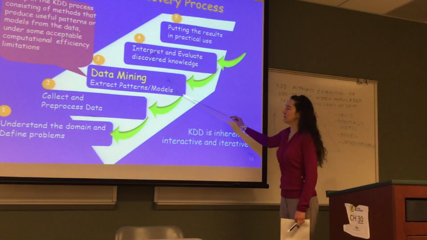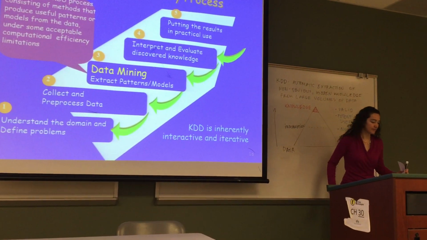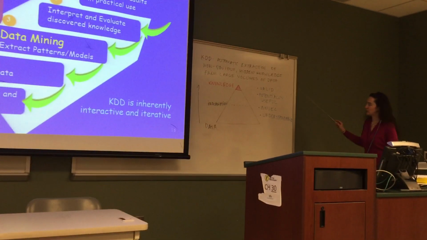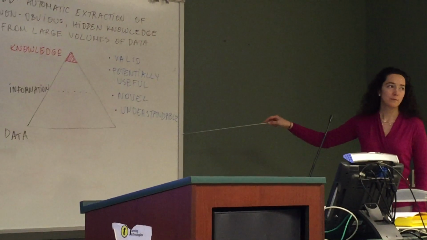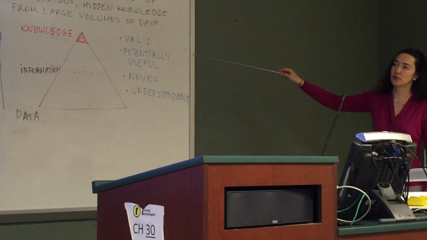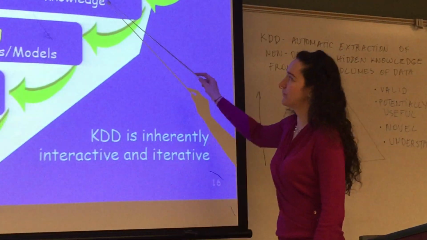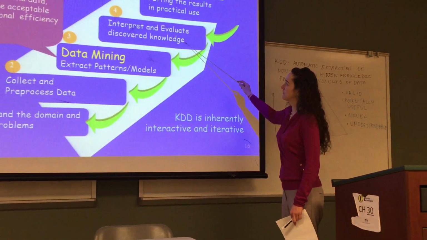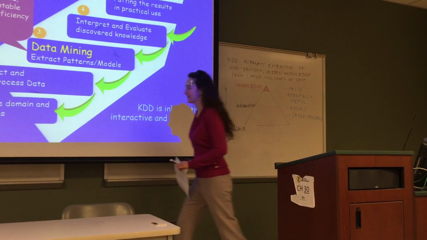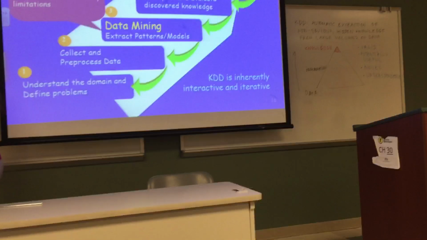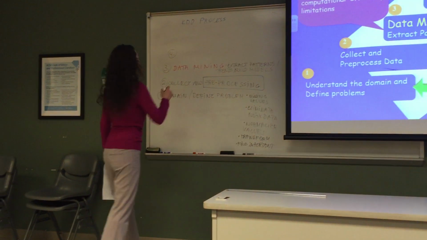Once we're done with the data mining, we have more work to do. Because what? Because valid, potentially useful, novel, understandable. We have to check the results for all these things. If they don't fall in these categories, we remove them. So after we're done mining, we have to interpret and evaluate the knowledge. So we're doing post-processing. This was pre-processing, this is post-processing. So number 4 would be interpret and evaluate the discovered knowledge.